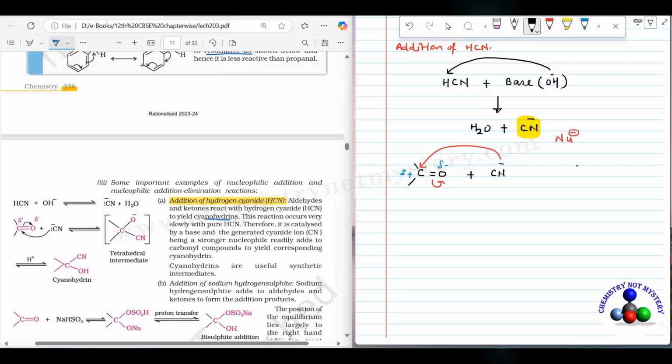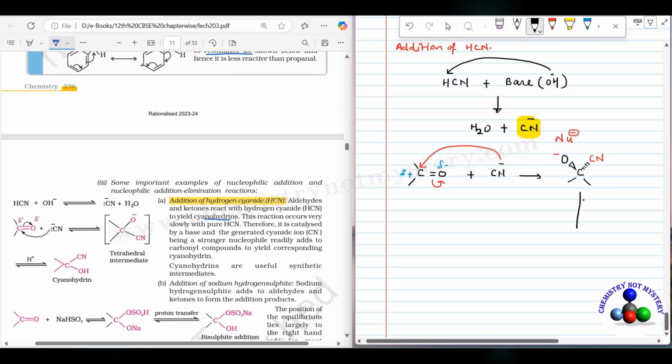Now this carbonyl carbon becomes tetrahedral. Cyanide gets attached to the carbonyl carbon, and on the other side, the oxygen develops a negative charge because the pi bond moved to oxygen.